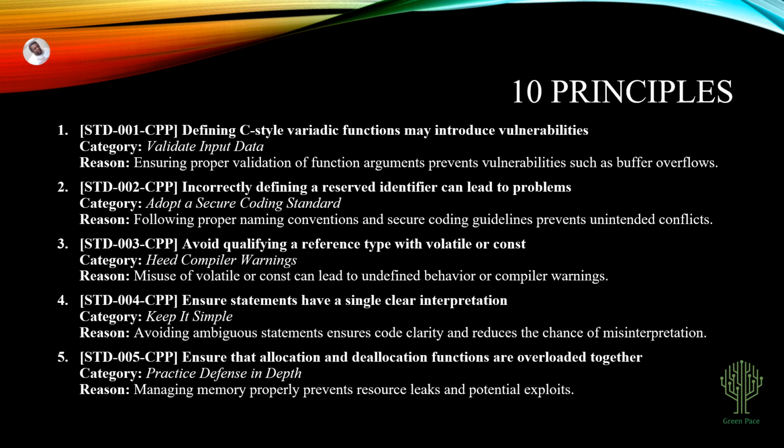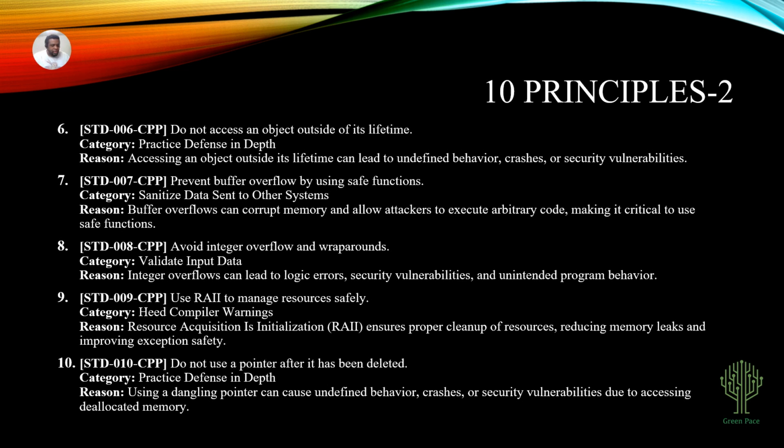The fifth would be default deny. This blocks unauthorized access by default. The sixth would be adhere to the principle of least privilege. This limits access to only what is necessary. The seventh would be to sanitize data sent to other systems. This prevents data leaks and exploits. The eighth would be practice defense in depth.